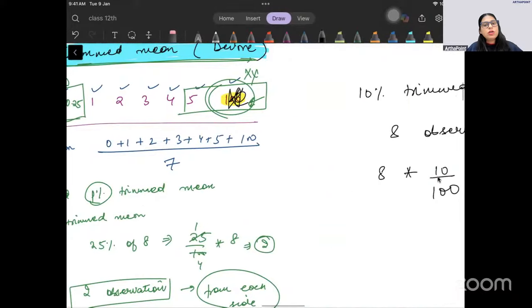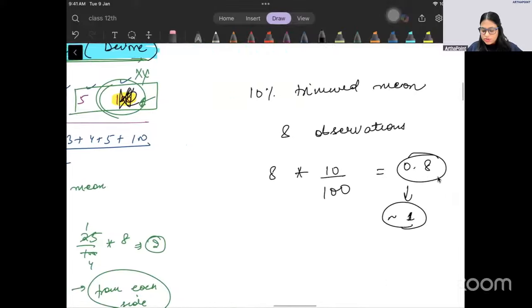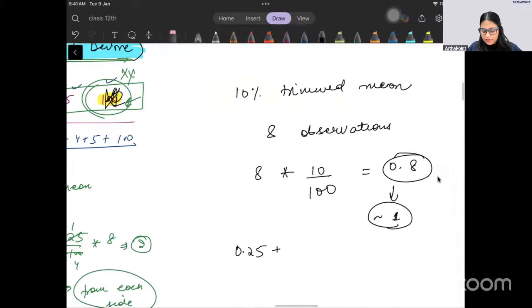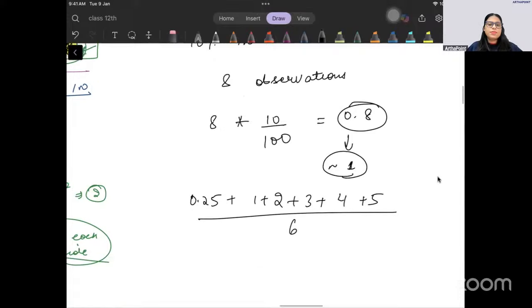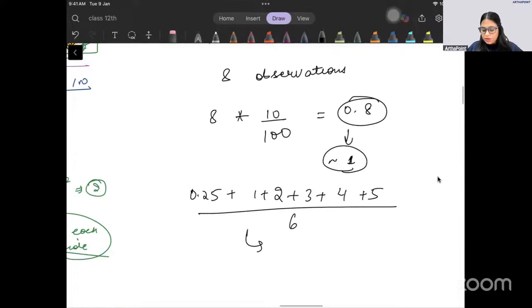And you find the mean of the remaining observations. So the remaining observations will be 0.25, 1, 2, 3, 4, and 5 divided by 6. This is called your 10% trimmed mean.